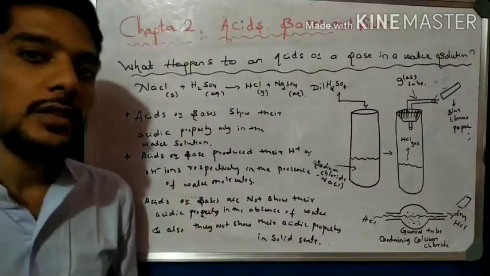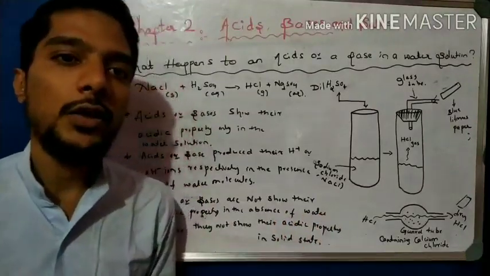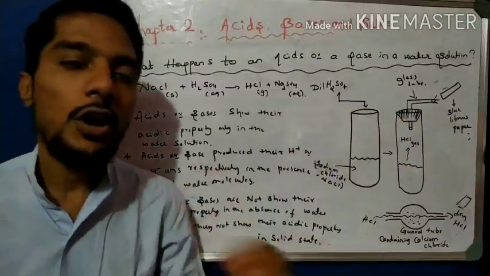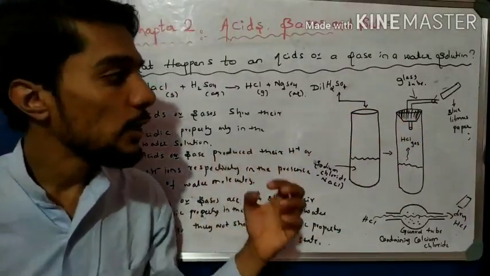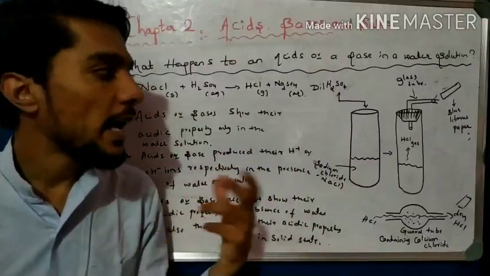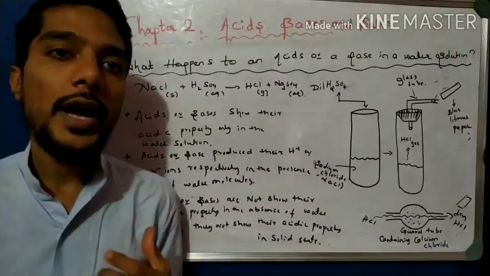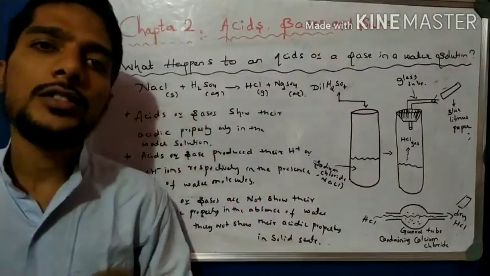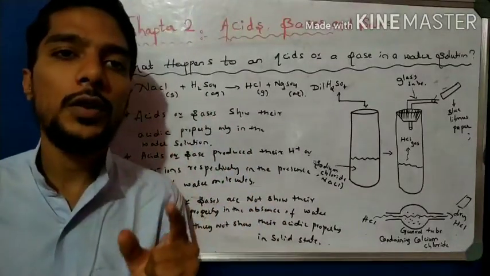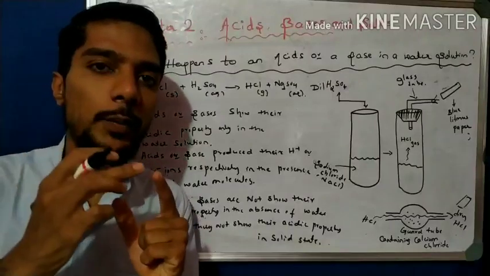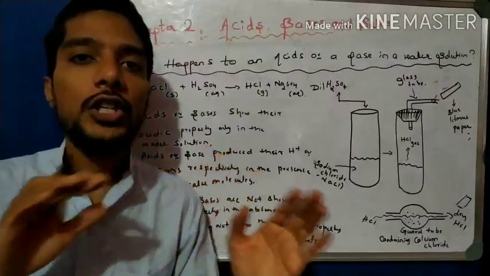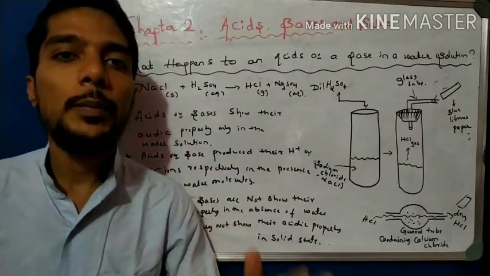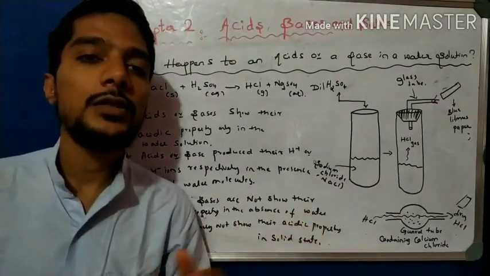In examination they ask straightforward questions: why in this experiment does the dry litmus paper not change its color, why does the wet litmus paper change its color, why does the dry HCl not change the color, why does the HCl solution change the color. The answer to all these questions is only one: the color changes because of the presence of water molecules, and does not change because of the absence of water molecules.